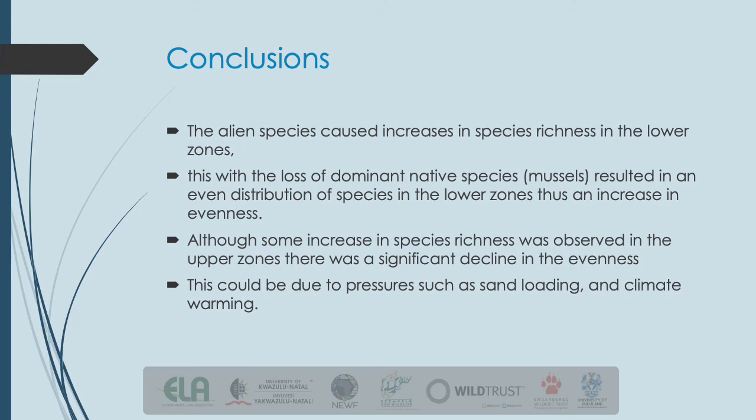But with the loss of them and the moving in of another species, the community has become more even. And even though some increase in species richness was observed in the upper zones, we found a decline in evenness. We believe this was caused by pressures such as sand loading and also climate forcing on the top shore.